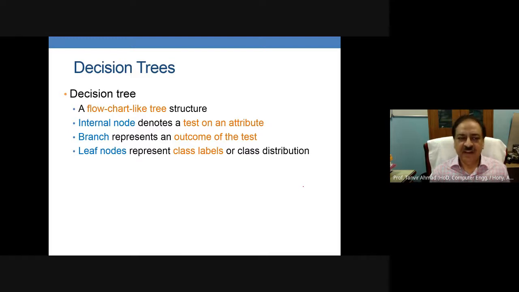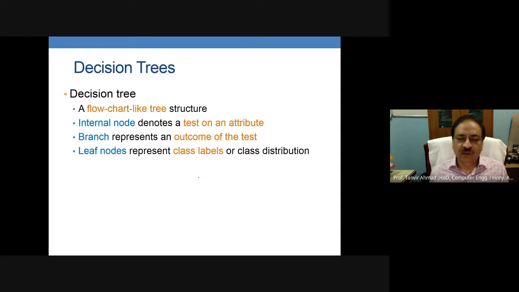Therefore, whenever a flowchart comes, the internal nodes will test on an attribute. That means a particular internal node is going to test on an attribute. The branches will depict the outcome of that test. Therefore, the branches can be 2, or can be more than 2 also.